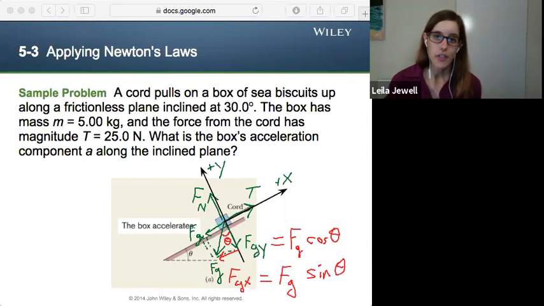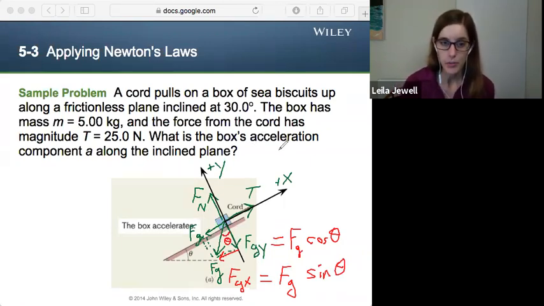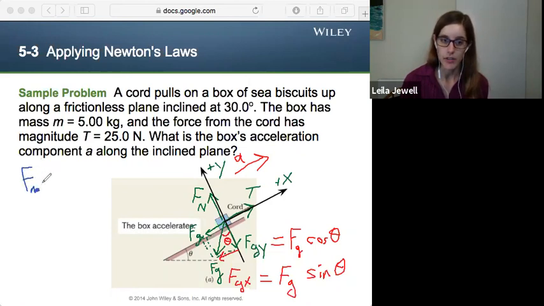Now that we've identified these forces, in order to get the box's acceleration component along the inclined plane, which will be the overall acceleration a, all we have to do is go back to Newton's second law, F equals ma. So the net force in what we're going to call the x direction, this rotated x direction, is equal to the mass times the acceleration in the x direction.